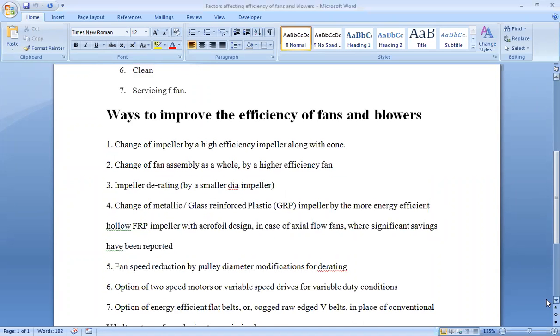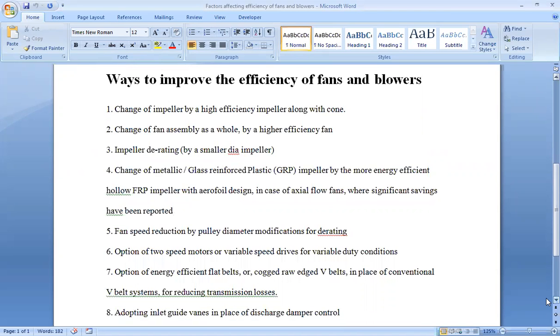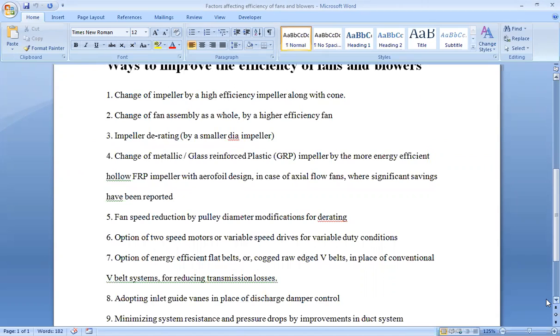And the next point is sometimes we are using a pulley to modify the diameter or for derating of the fan, and then sometimes we use two-speed motors or variable speed drives. That is, we can use the various converters using MOSFETs, IGBTs, thyristors, which are silicon controlled rectifiers, SCRs.